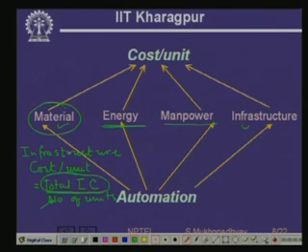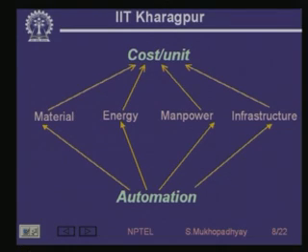So your total infrastructure cost will actually go up, but still the infrastructure cost per unit will come down, because the number of units will go up massively. So the overall ratio will actually come down. So you see that using automation one can cut down costs in various ways.